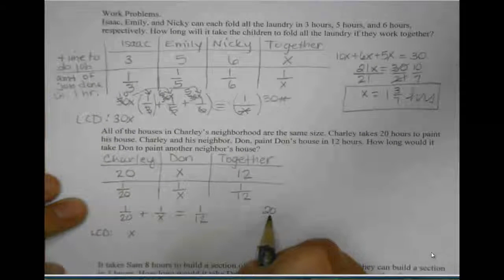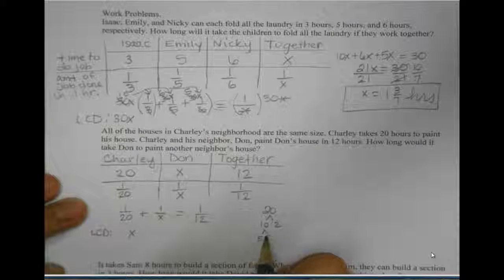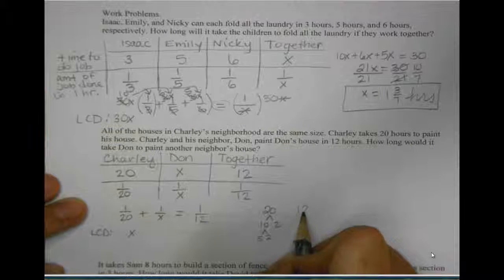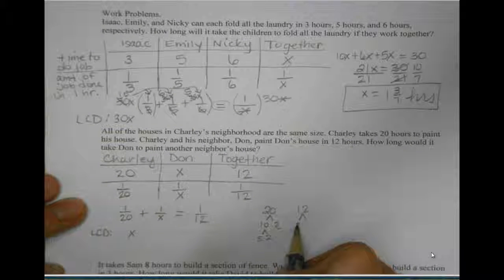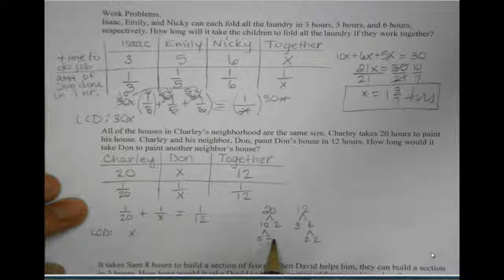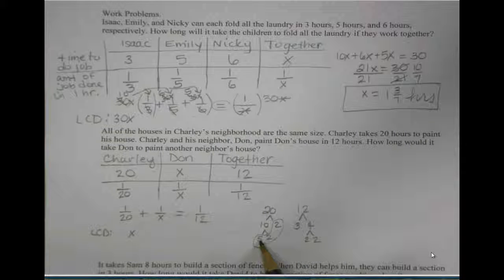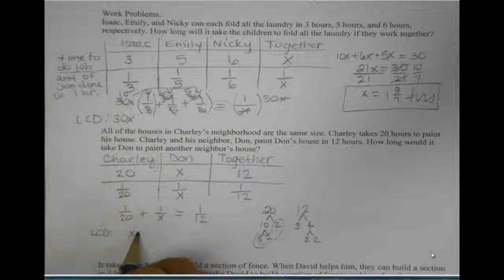And then I'm going to look at the 20, and it's 10 times 2, which is 5 times 2. And I'm going to look at the 12, which is 3 times 4 and 2 times 2. So I'll take all of the prime factors for one denominator. So it's 5 times 2 times 2.